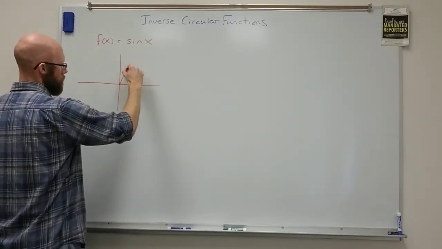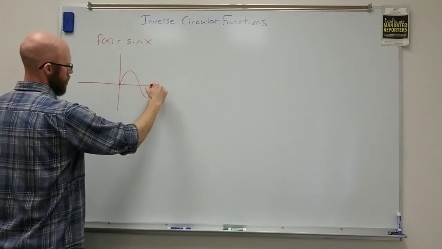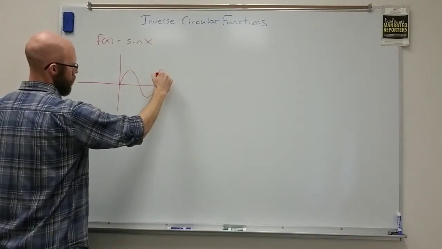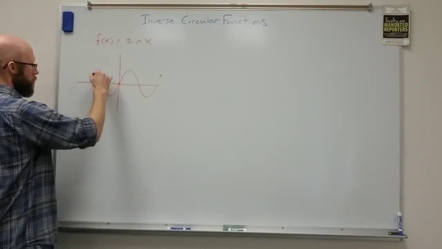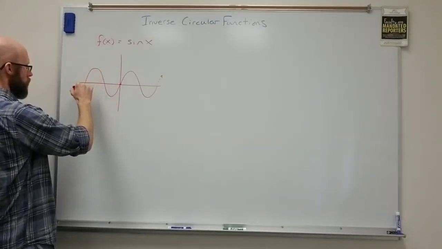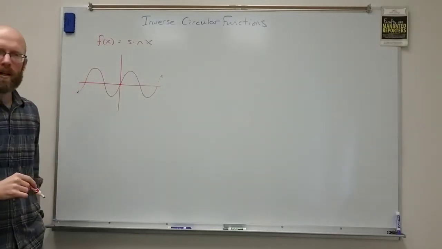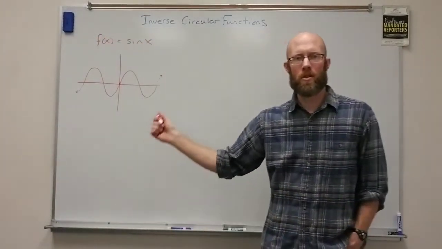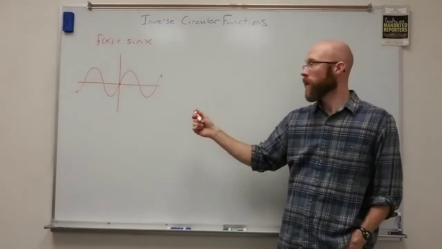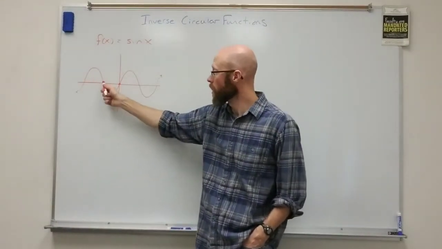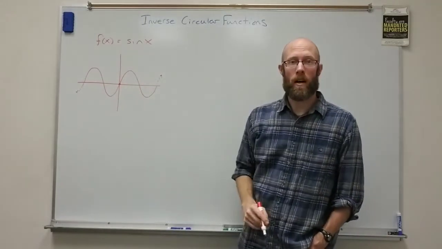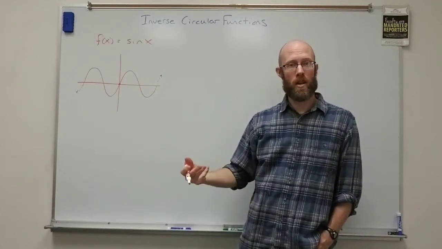From the origin, you go up, then down, then up, and so on. And to the left, you would go down, and then up, and then down, and so on. So you have this graph. But this is clearly not one-to-one. It definitely fails the horizontal line test. In fact, the x-axis alone has multiple inputs that result in the same output.